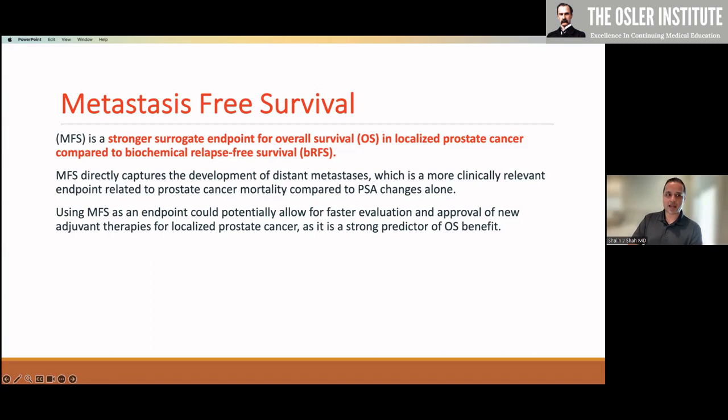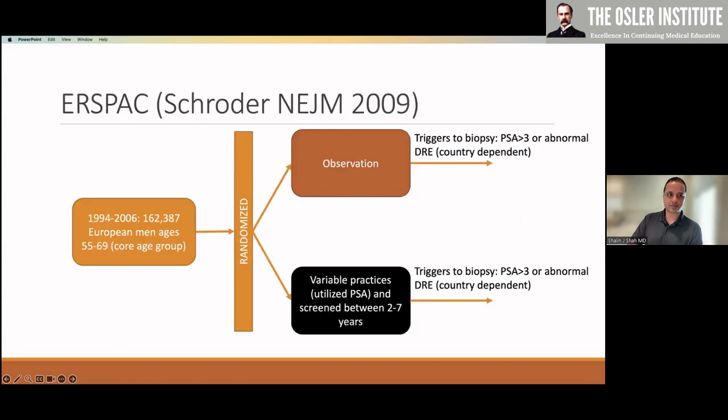That's because it captures the development of distant metastases, which then correlates better with overall survival. Using MFS, the feeling is that it could allow for faster evaluation and approval of new therapies, and it's a stronger predictor of overall survival benefit. So keep that in mind as you evaluate new trials.